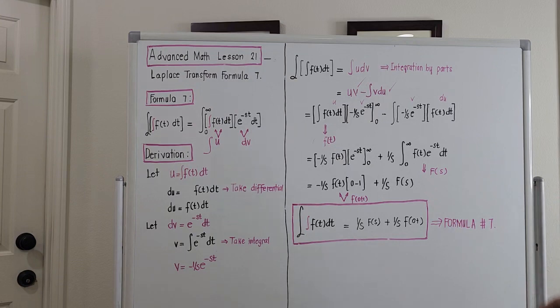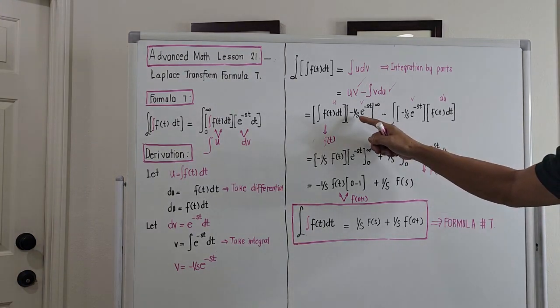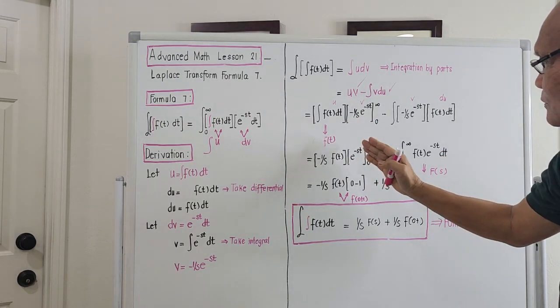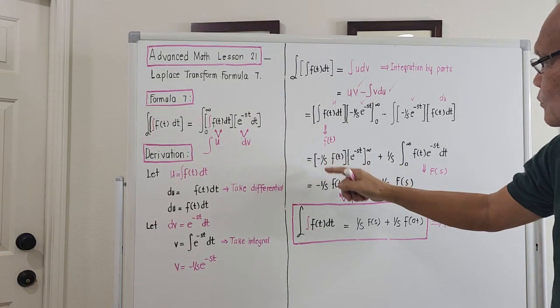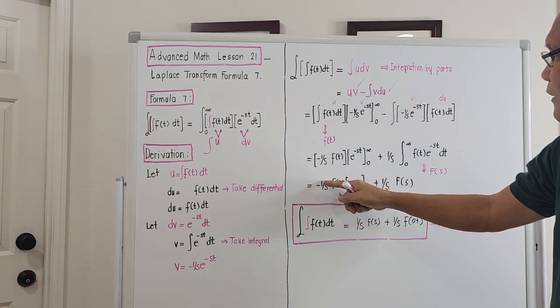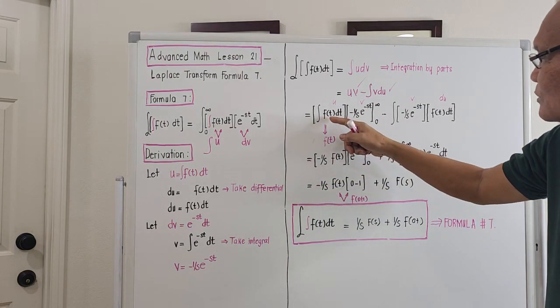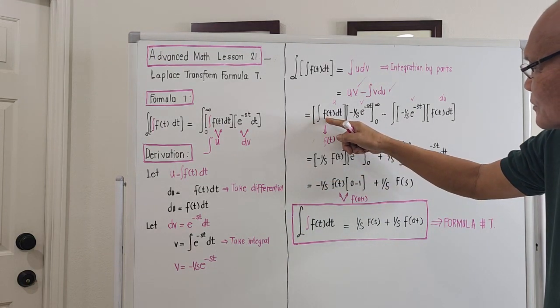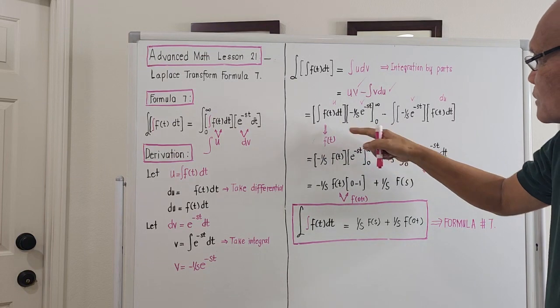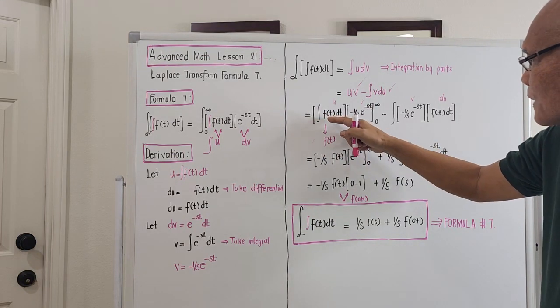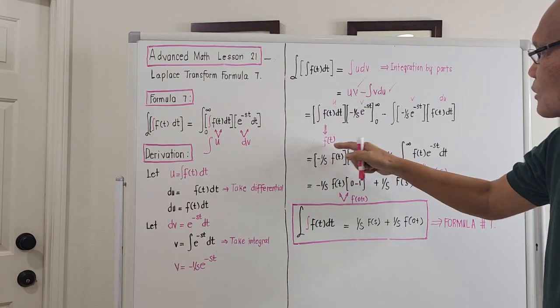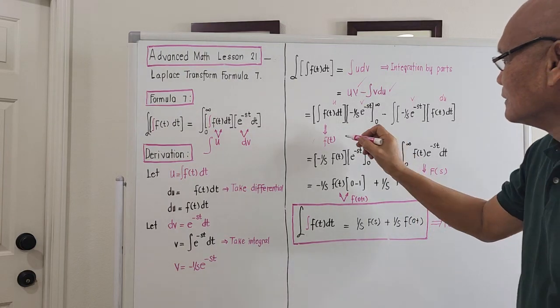That's why just consider it. This is negative 1 over s, right? So I will place it first. This is negative 1 over s. Okay? Then I will try to continue with this one. But what is the equivalent of the integral of function of t dt? It is actually the given function, right?